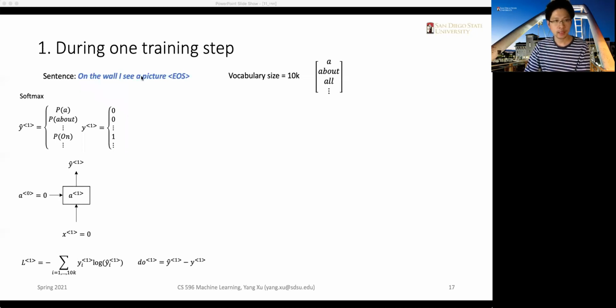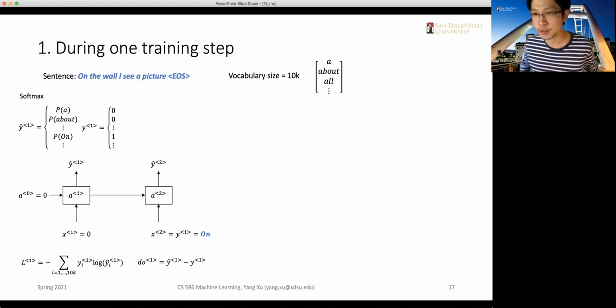The next time step would be interesting, because now at the second time step, we want to predict the second word. The second word, the, actually has the context word on before it.